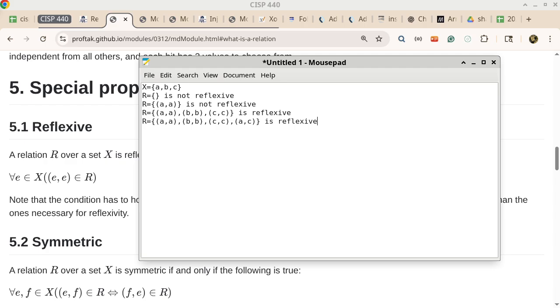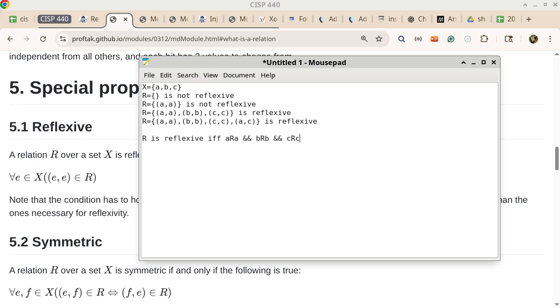Now, based on those questions, I think it is really important that we understand what this means. What is the for all? In this particular case, based on how we define the set X, we basically say R is reflexive if and only if ARA and BRB and CRC.